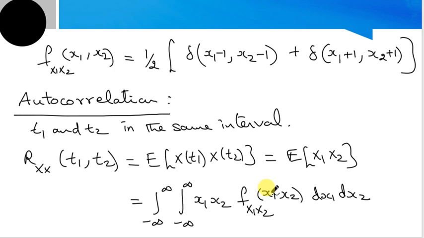As f of x1 comma x2 is different based on the cases of our t1 and t2, either lying in the same interval or in different intervals.